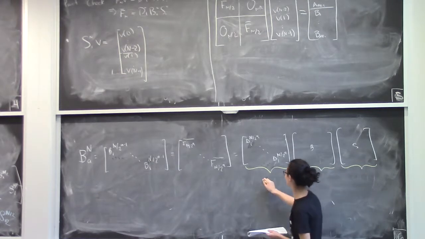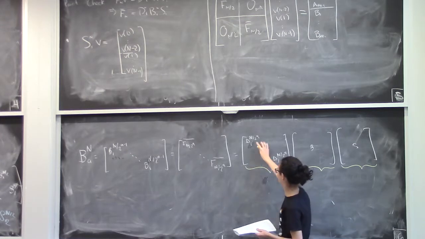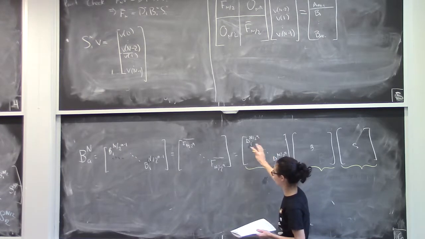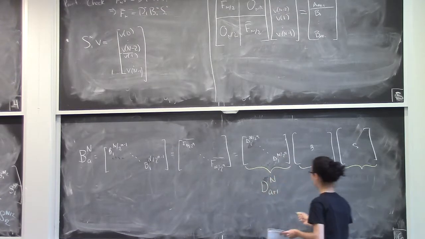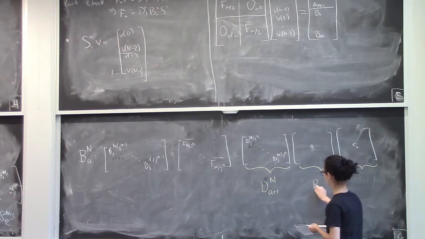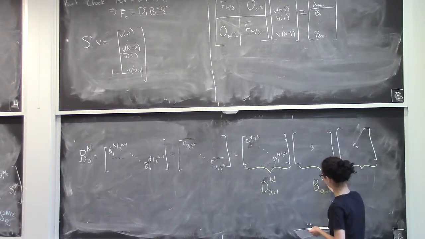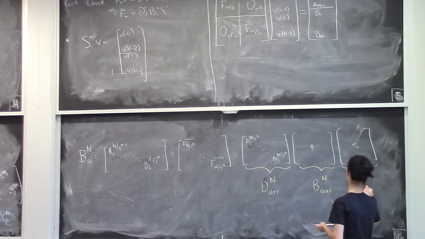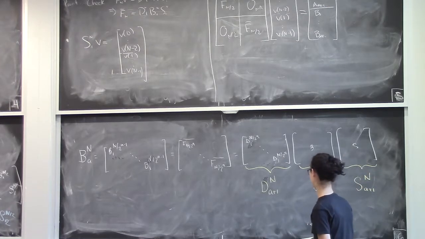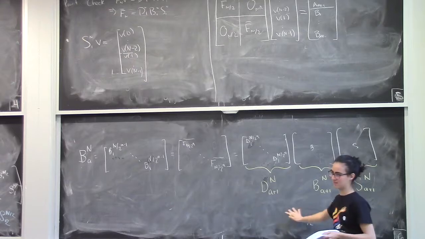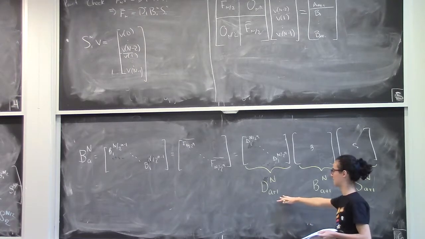Well, this matrix has n over 2 to the a blocks, so it will be called D_{a+1} n. This one will be called B_{a+1} n, and this is S_{a+1} n. So these matrices are going to be really useful for the next step.